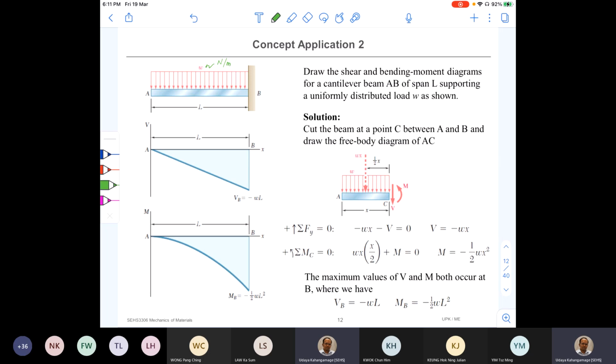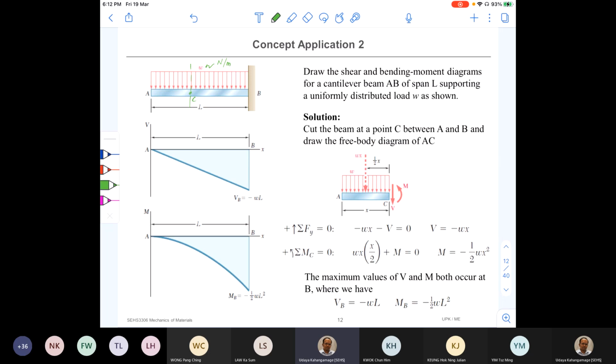But I'm going to cut this member from a point C here, like this, and then draw a free body diagram for A to C, and then open up the internal forces and write function for shear force and the bending moment.